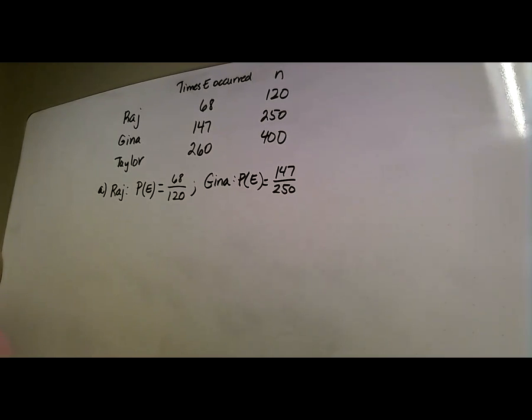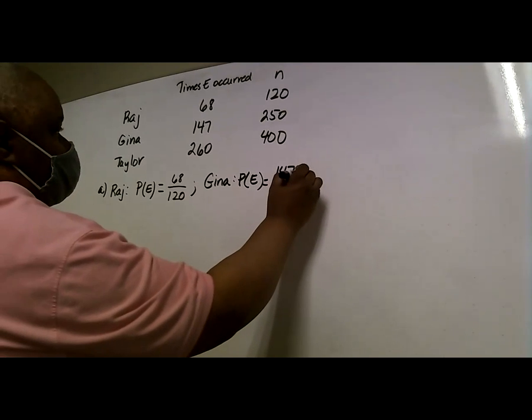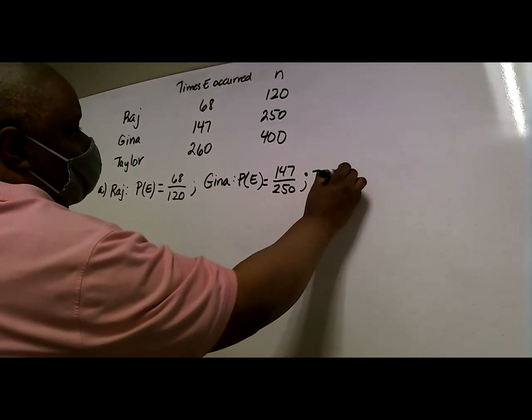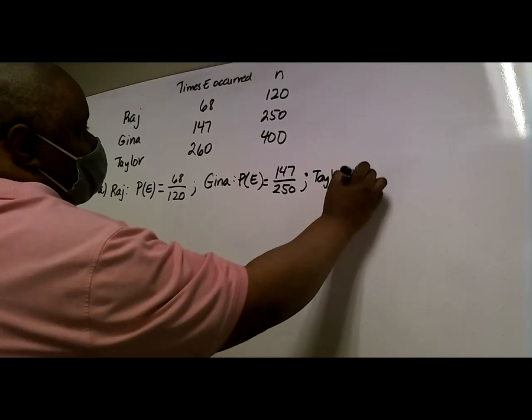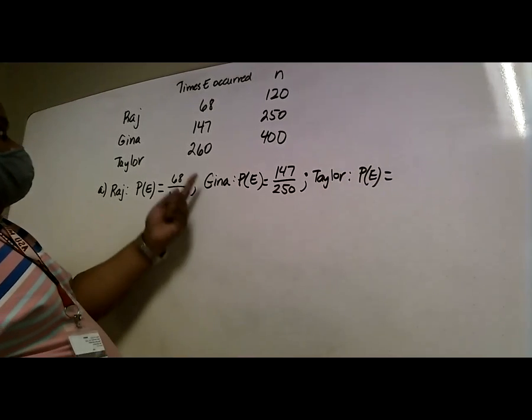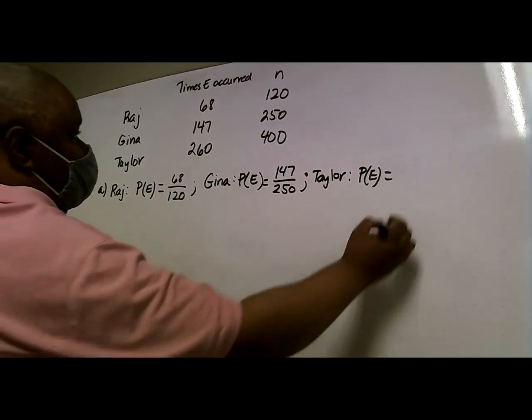And finally for Taylor, the probability of event E occurring is simply 260 out of 400.